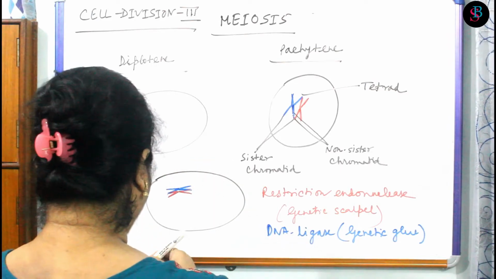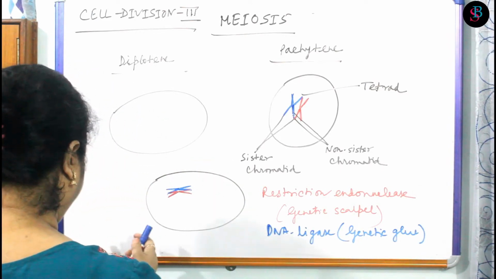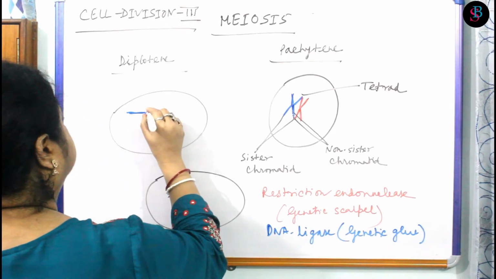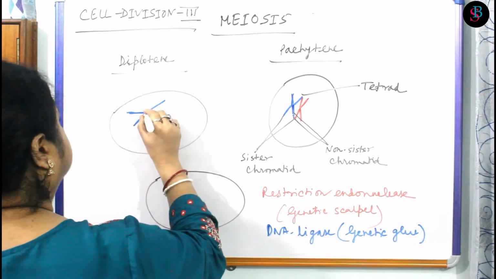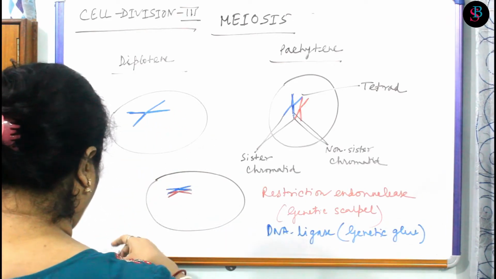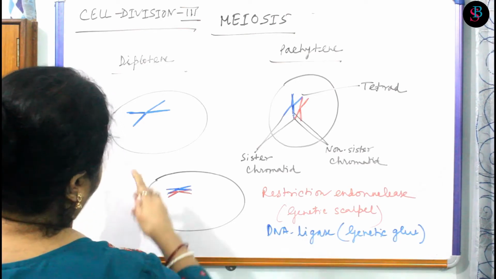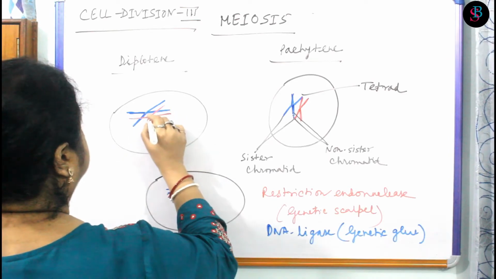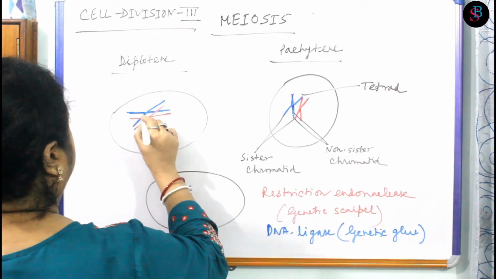Now here is diplotene, where the chiasma is very clear. We can see the chiasma here. Look.